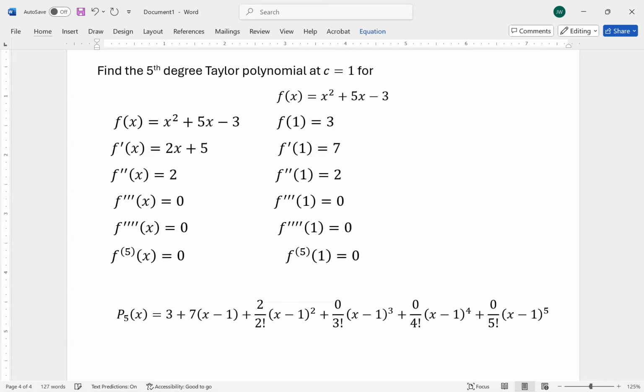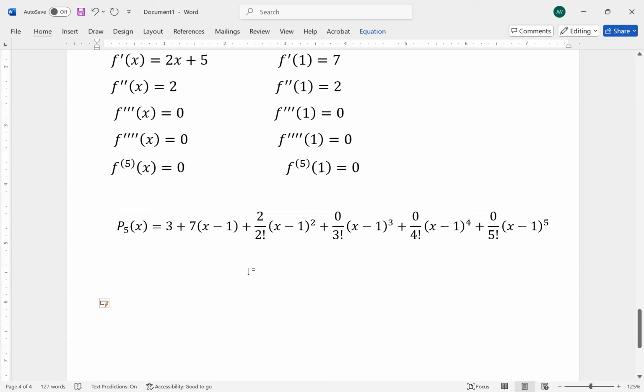Obviously, if I wanted to simplify this, the 5th degree Taylor polynomial centered at 1 would be just 3 plus 7 times x minus 1 to the first plus 1 times x minus 1 squared.